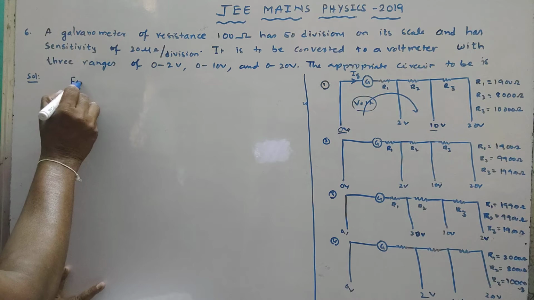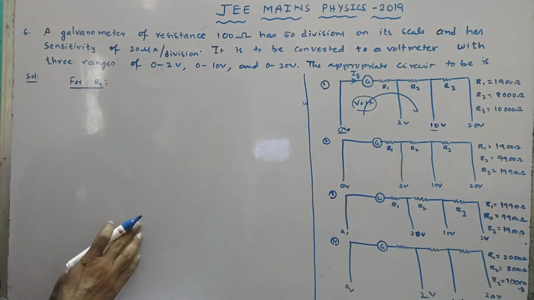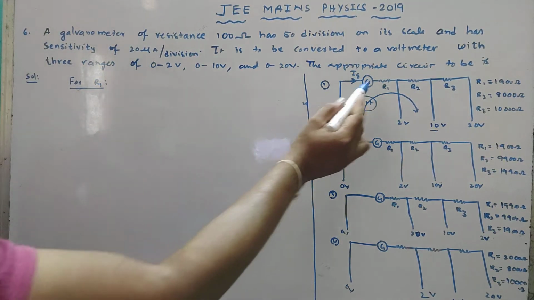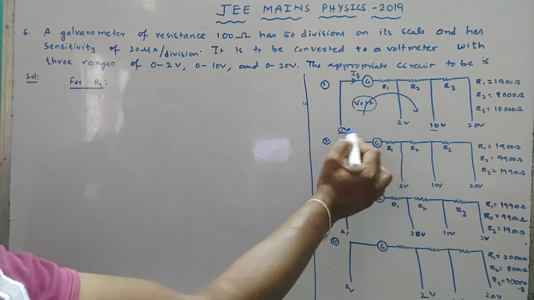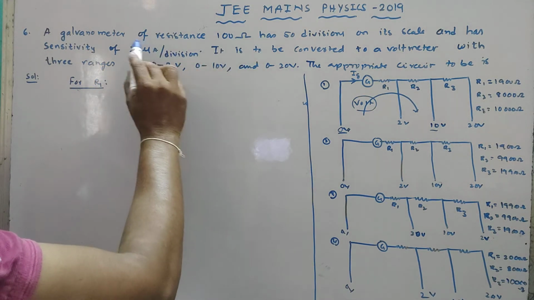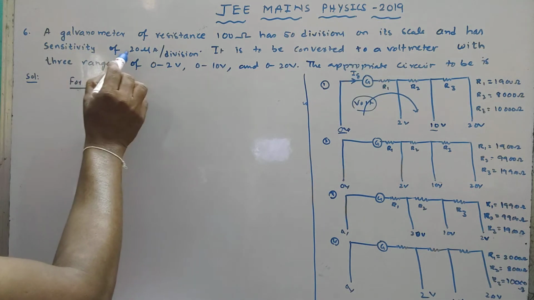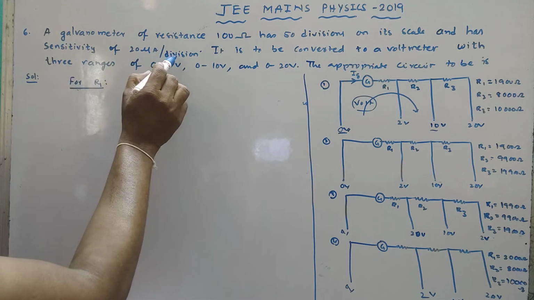So first for R1, we are calculating the R1 resistance value. It is series connected for the range 0 to 2 volts. The galvanometer resistance is 100 ohm, has 50 divisions on its scale and a sensitivity of 20 microampere per division.